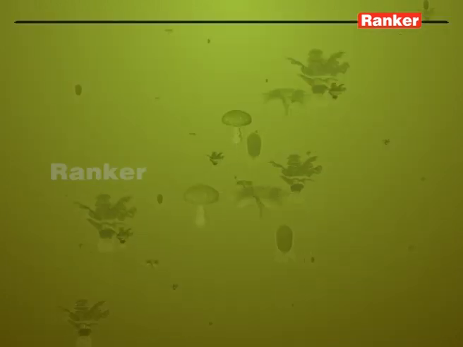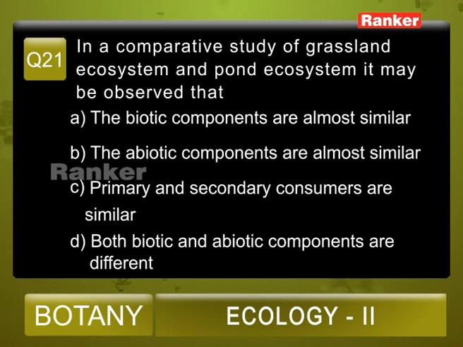Question number 21. In a comparative study of grass ecosystem and pond ecosystem, it may be observed that A, the biotic components are almost similar, B, the abiotic components are almost similar, C, primary and secondary consumers are similar, D, both biotic and abiotic components are different.